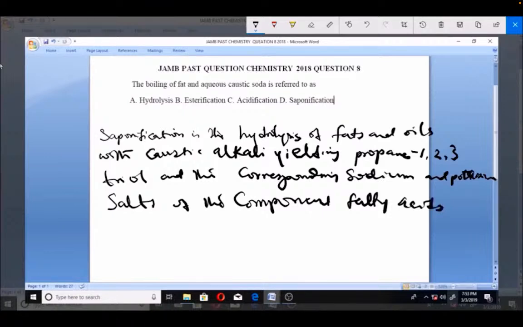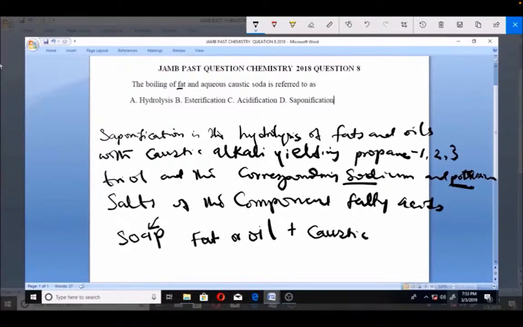So saponification is actually used in soap production. The salts of these sodium and potassium are actually the major component of the soap. So we use saponification for soap production. So in saponification, what happens is you have your fat or oil. In this case, we are using fat. So fat or oil plus caustic alkali. In this case, we are using aqueous caustic soda.